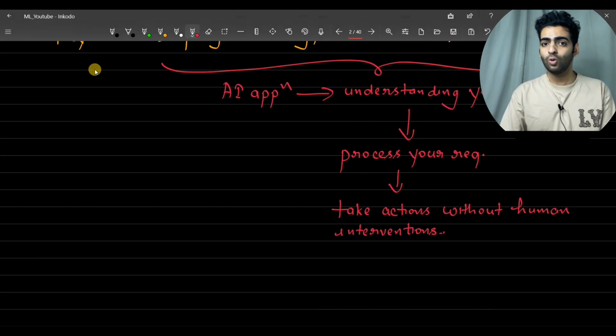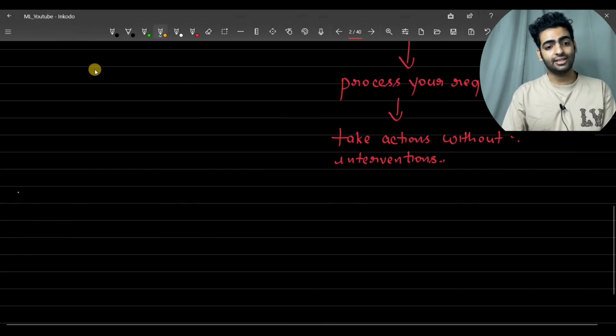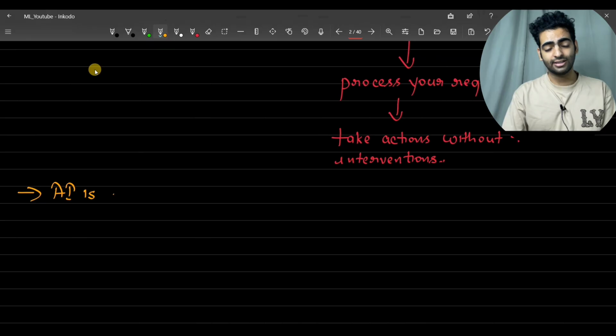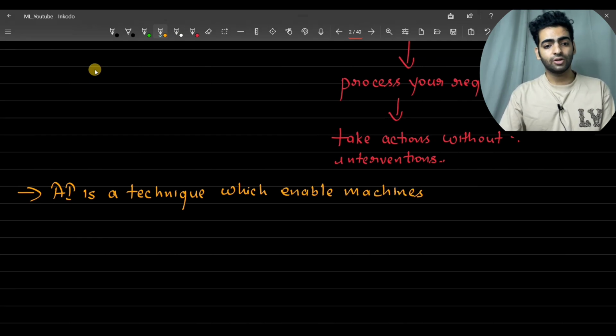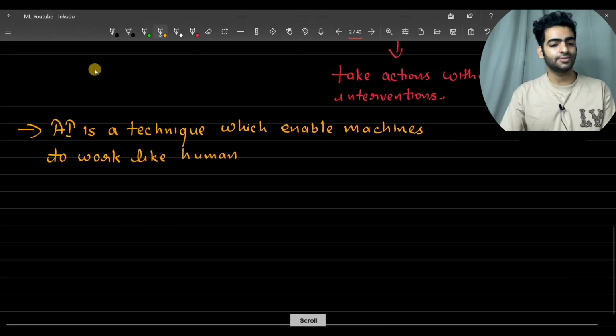That's what the whole artificial intelligence actually is. So if I have to explain what the artificial intelligence is, I can say it is actually a technology which enables machine to work like human, right? Or to work like human behavior, right? That's what the artificial intelligence actually is.